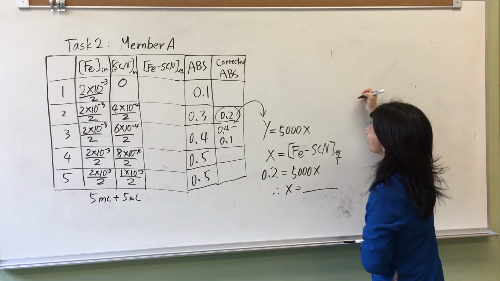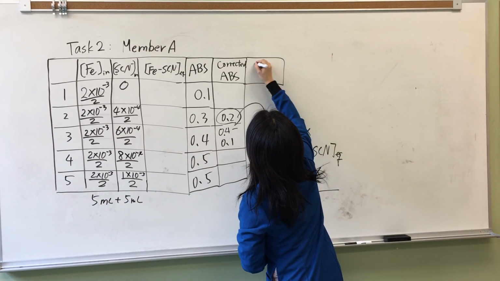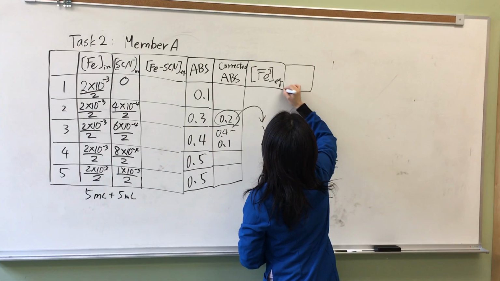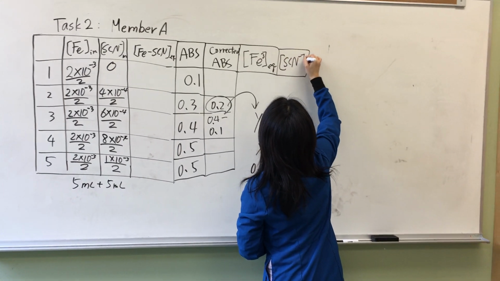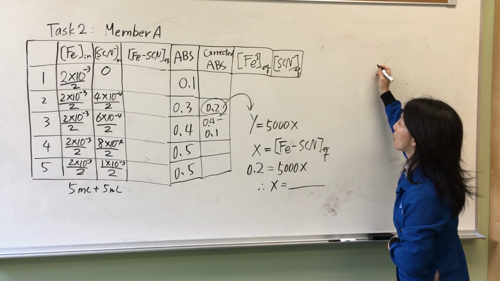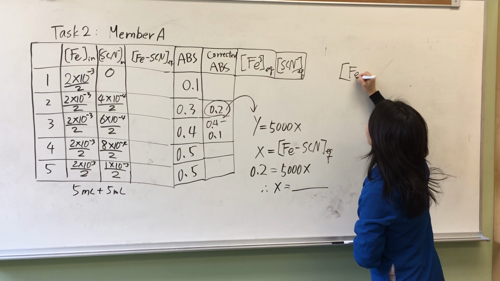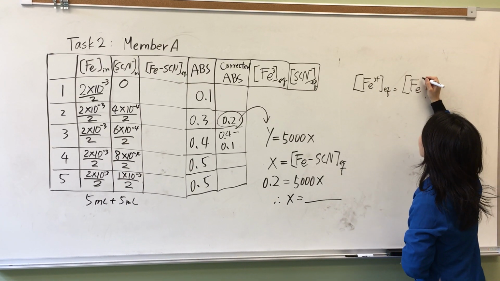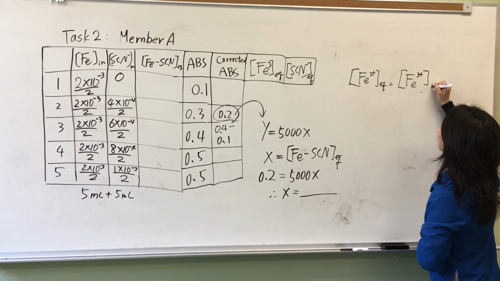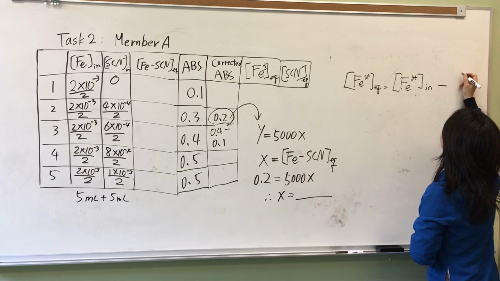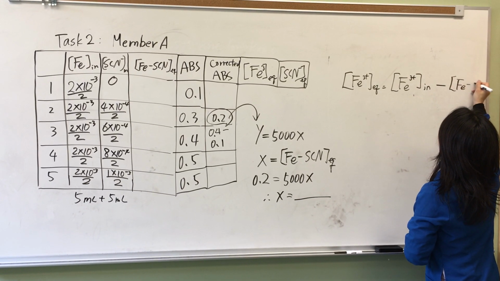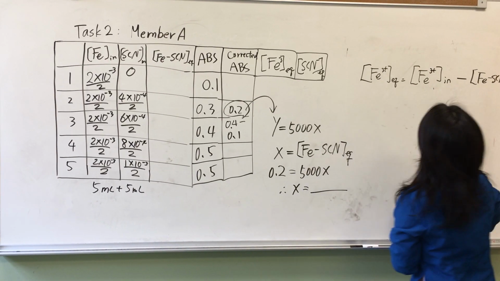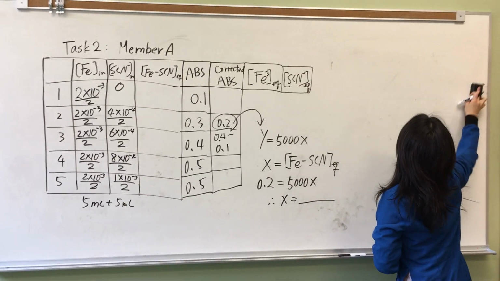Additionally, you need to calculate the concentration of the iron at the equilibrium and thiocyanate concentration at the equilibrium. Okay, so these are the ones you can set up as initial concentration minus product concentration. The reason why, I'm going to explain first.